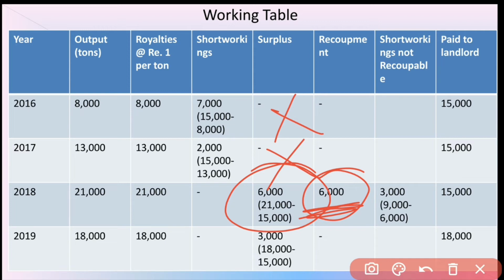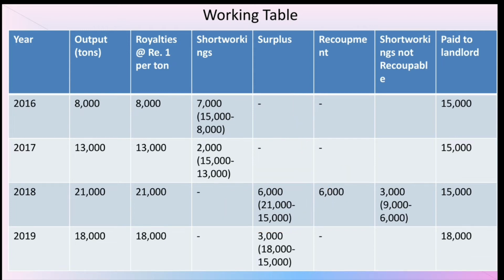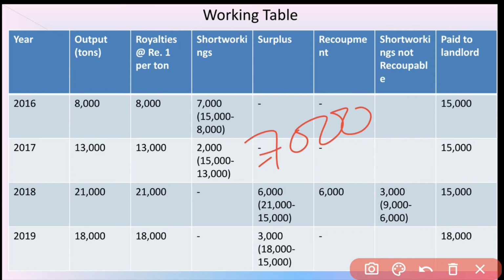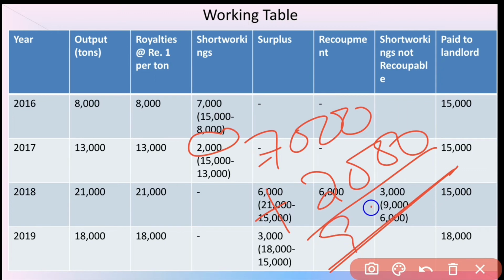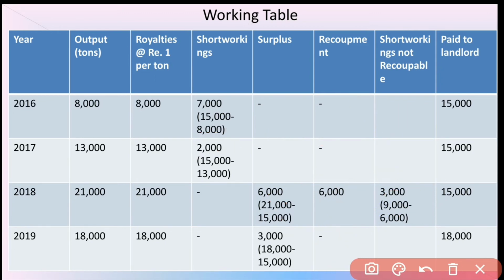So over here, we can see that the total short workings was 7,000 in the first year plus 2,000 in the next year. Total short workings comes out to be 9,000, right? So now you can see that we can recoup only 6,000.